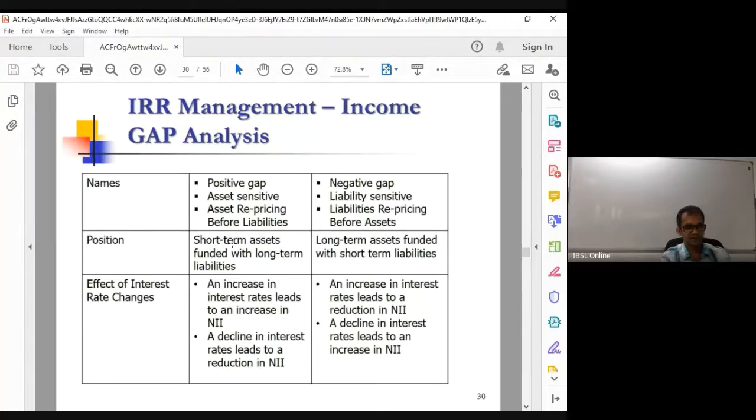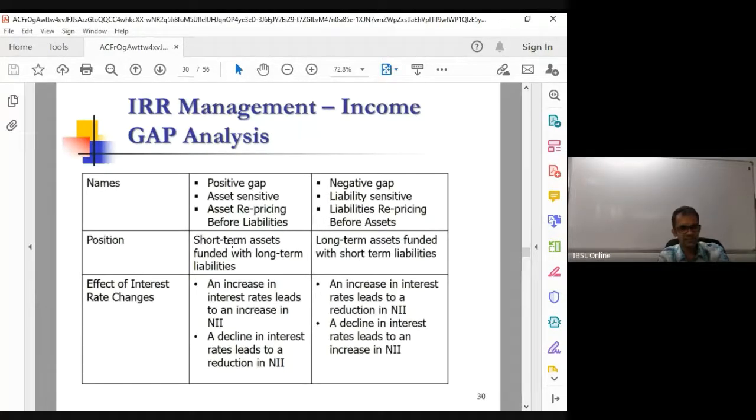Assume we have a loan granted at 10% and it matures today. Now what would happen? Now we have to generate another asset maybe at 8%. Previously we earned 10% interest, now we earn only 8% on the same amount.